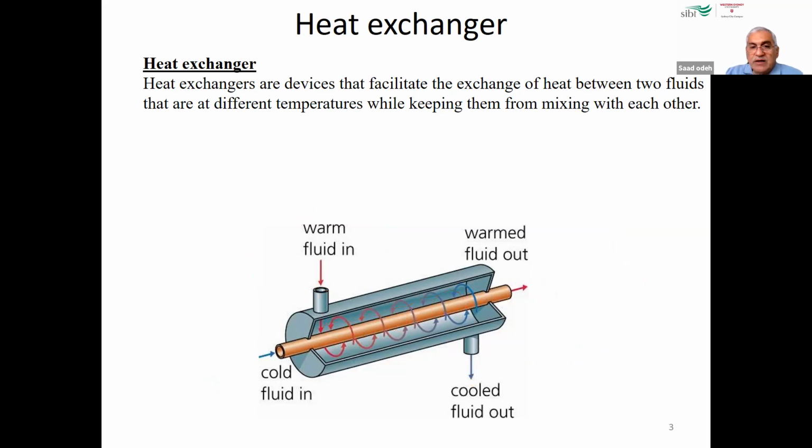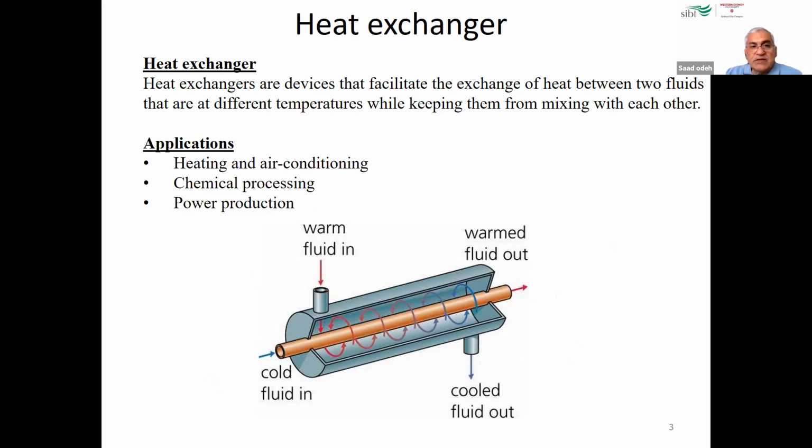Now, different types or different applications. We can find heat exchangers in heating and cooling systems or air conditioning systems in buildings. We can find heat exchangers in chemical processing. Also, we can find heat exchangers in power production, in power plants. You remember we mentioned this before in lecture 1 or lecture 2.